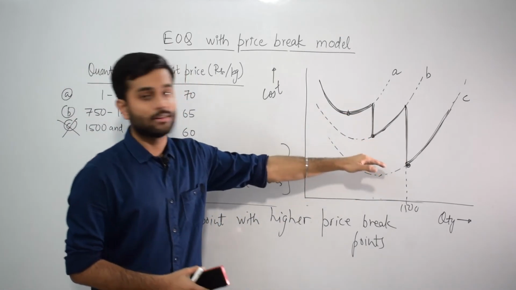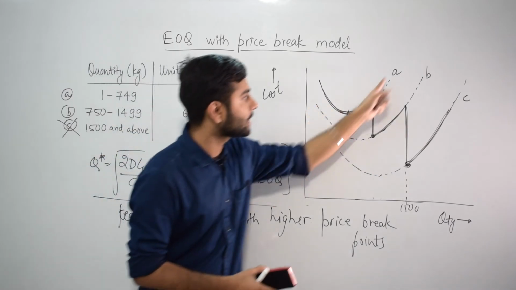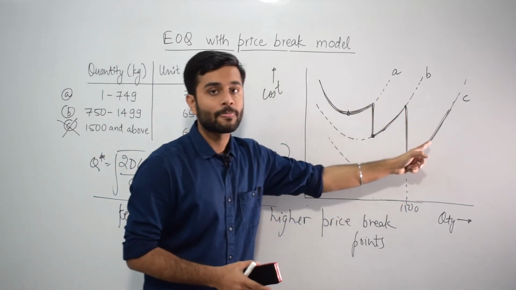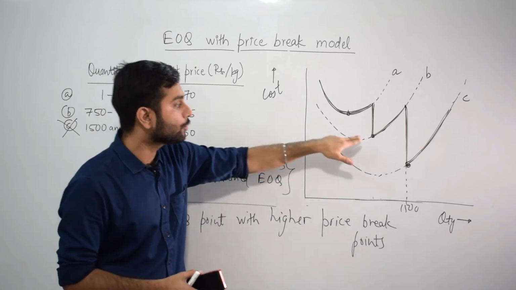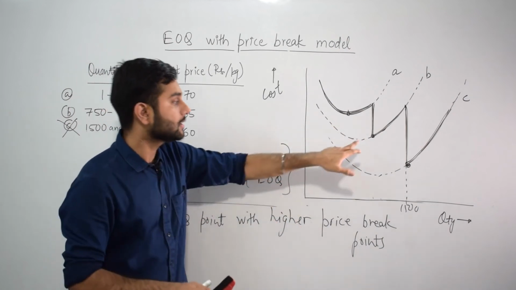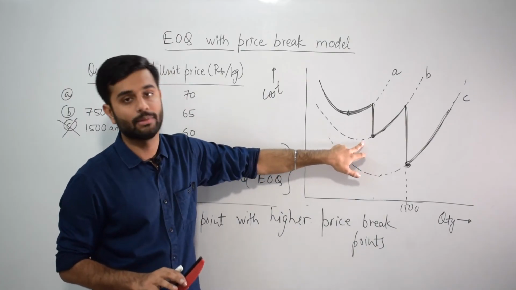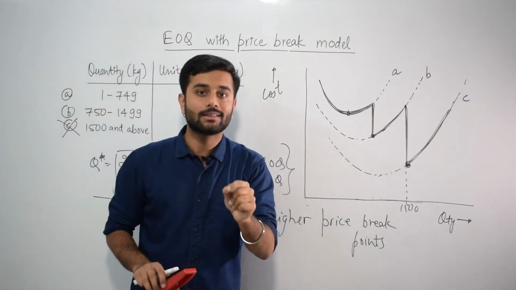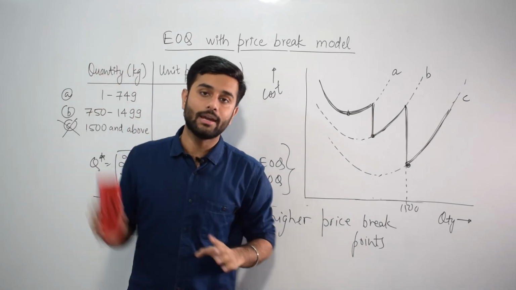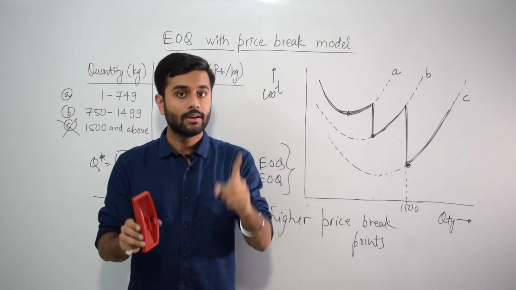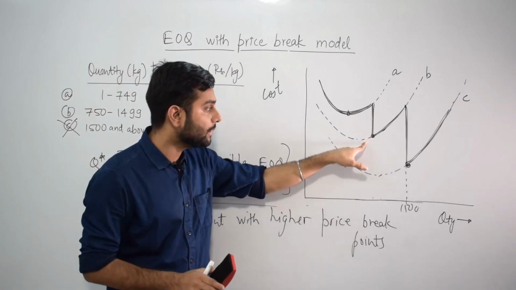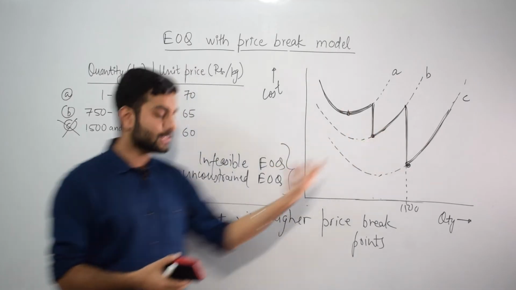For any given curve A, curve B and curve C, if you have selected the EOQ for any curve, let's assume that the EOQ for B was feasible. Then will you consider the EOQ for slab A? Listen to the question again. If EOQ for B is feasible, that is obviously going to come here.